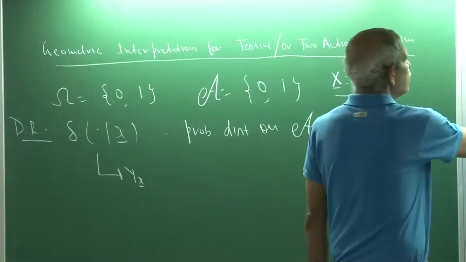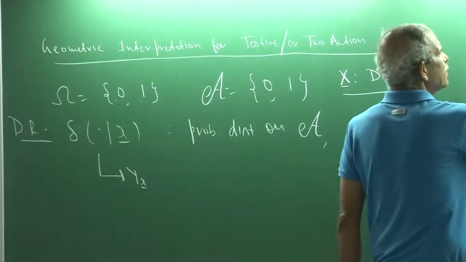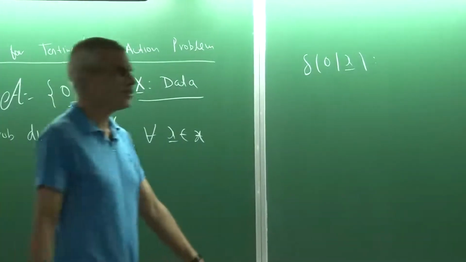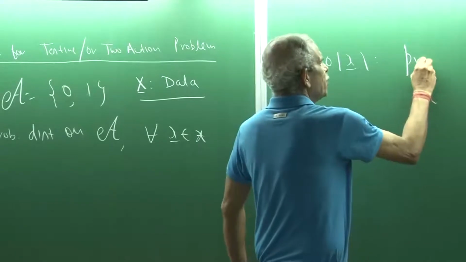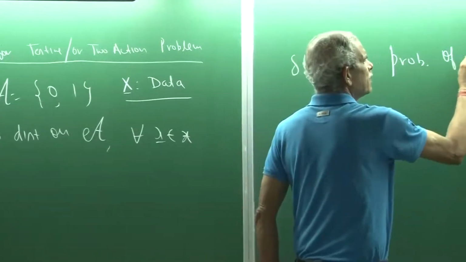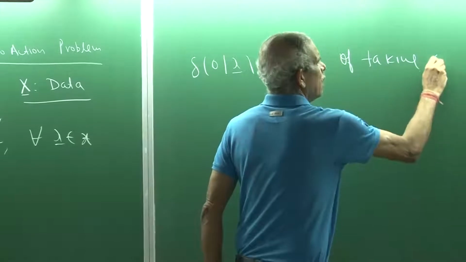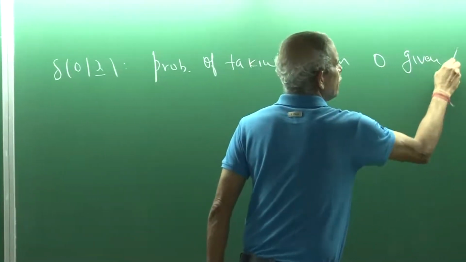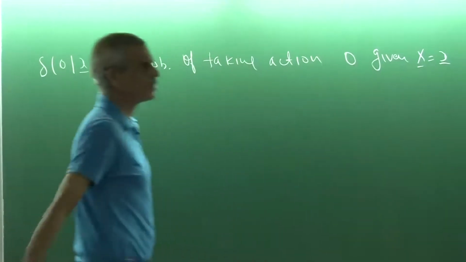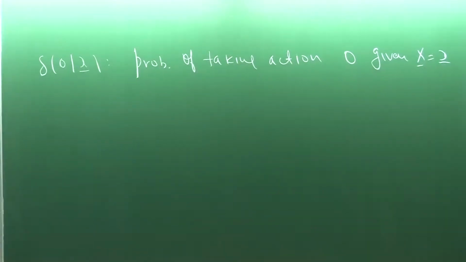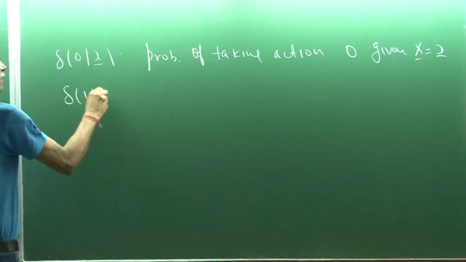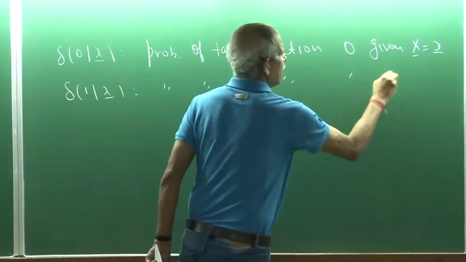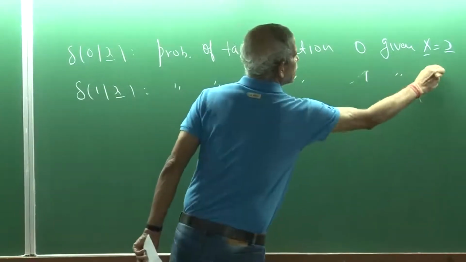So note that for any decision rule delta, delta 0 given x corresponds to the probability of taking action 0 given X equal to x. Delta 1 given x is the probability of taking action 1 given X equal to x.